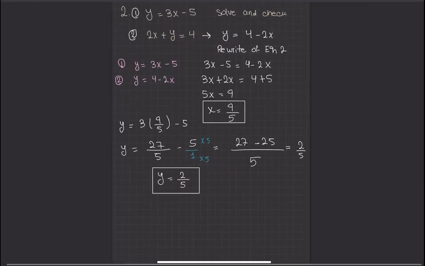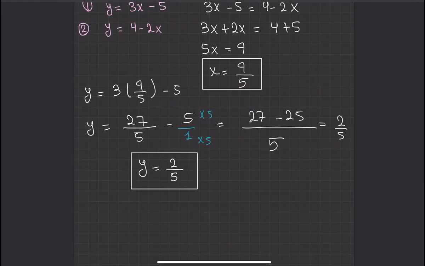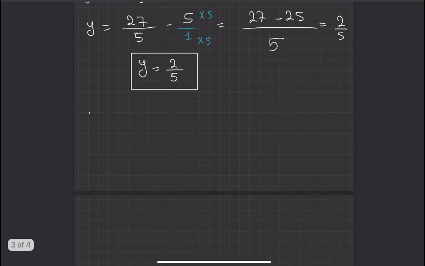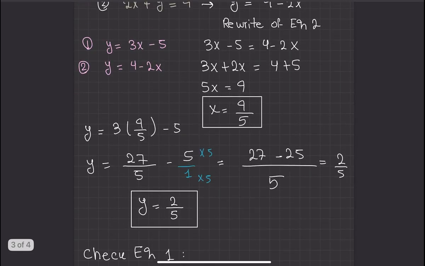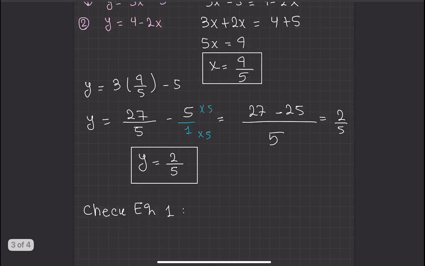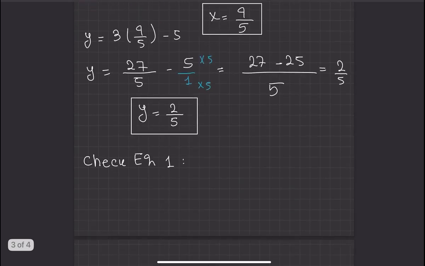Now we're going to go for the check. For the check, I'm just going to write down check, and I'm going to write down the first equation. So I'm going to write down check equation 1. When we go back, the first equation is y equals 3x minus 5.